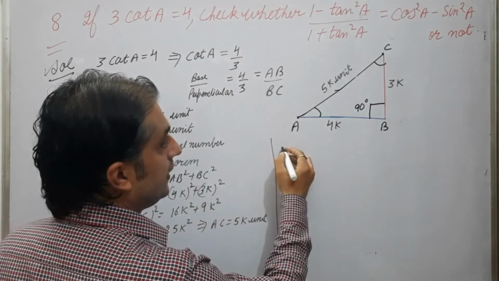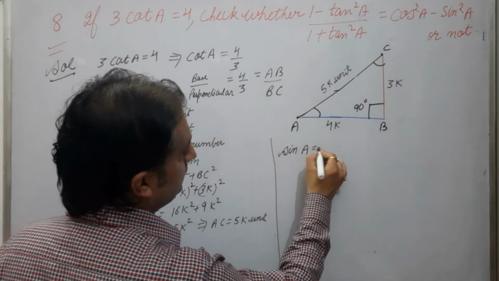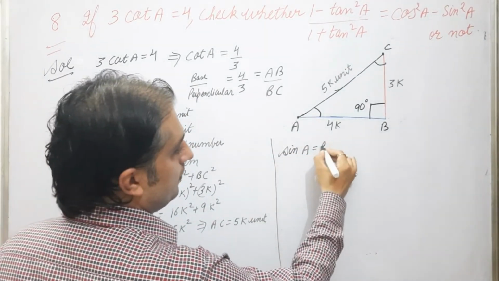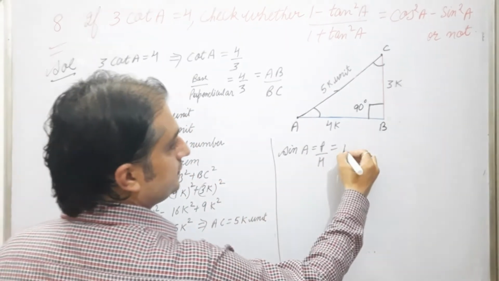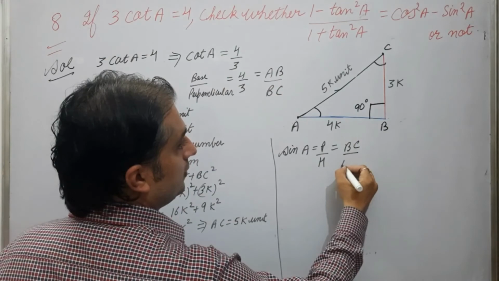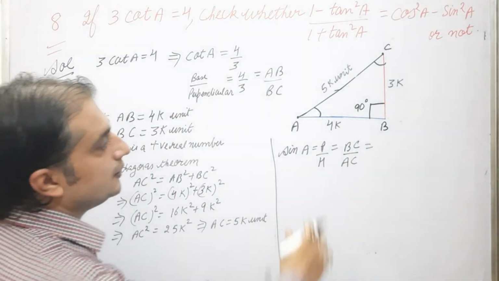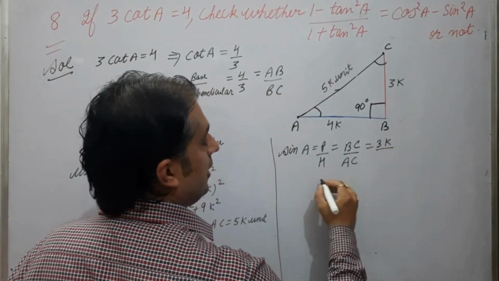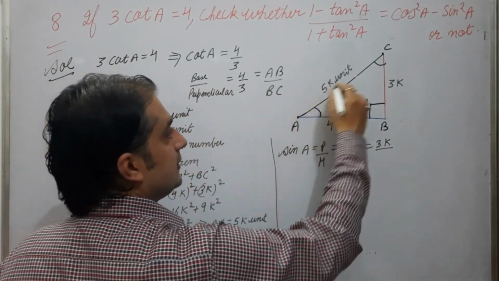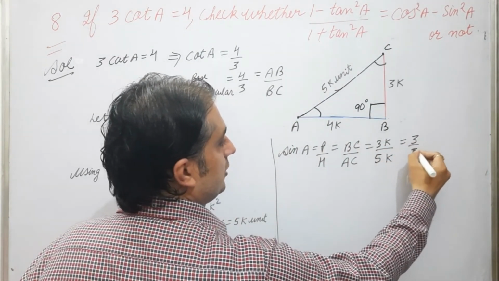So first find the T ratios, first find the sine A. Sine A is what? Perpendicular upon hypotenuse. Perpendicular for angle A, that is BC, upon AC. So BC is 3K, and AC is 5K. So K cancels out with K, so it will become 3 upon 5.